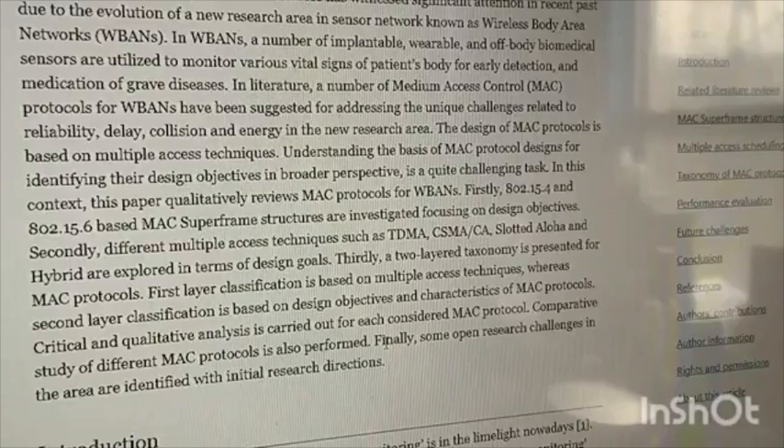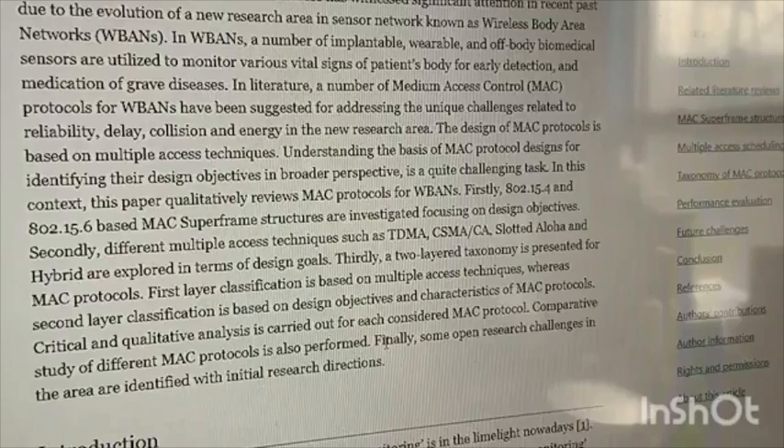Firstly, 802.15.4 and 802.15.6 based MAC superframe structures are investigated, focusing on design objectives. Secondly, different multiple access techniques such as TDMA, CSMA/CA, slotted Aloha, and hybrid are explored in terms of design goals. Thirdly, a two-layered taxonomy is presented for MAC protocols.